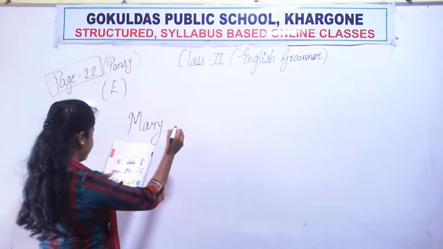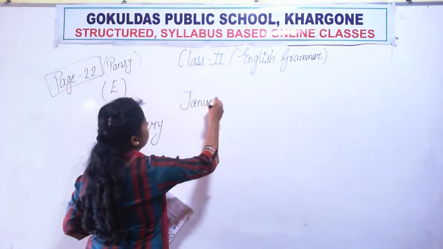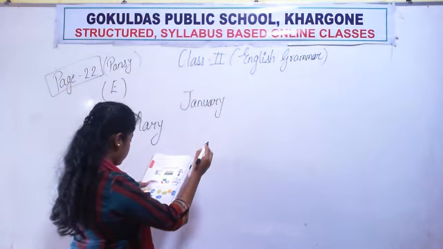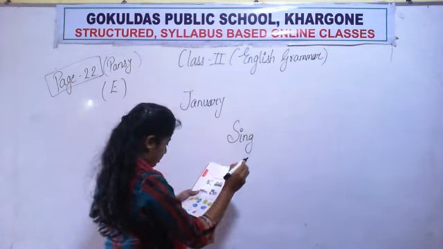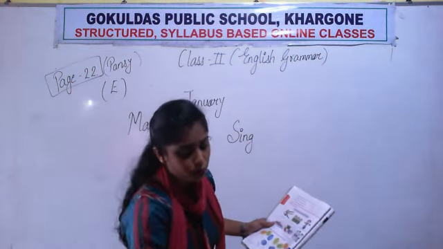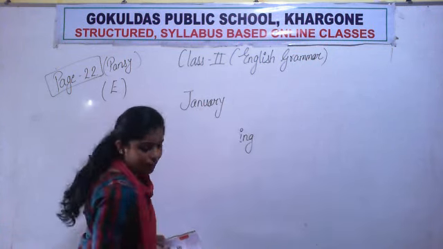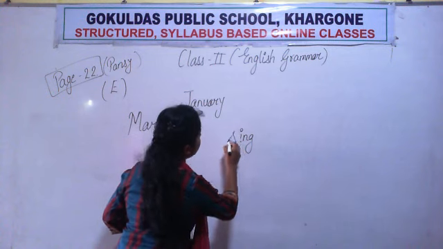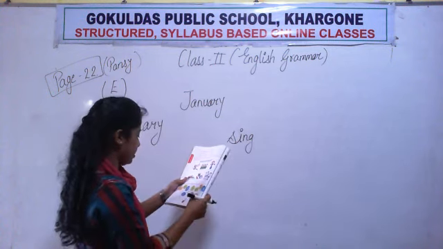First is Mary, then January, and then sing. See, again in your book, the use of capital letters is wrong as per my knowledge. Mary, January, sing.